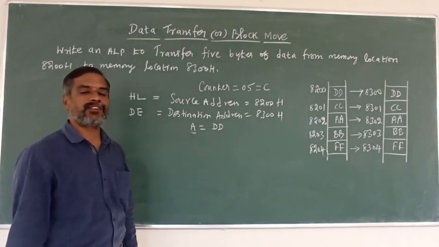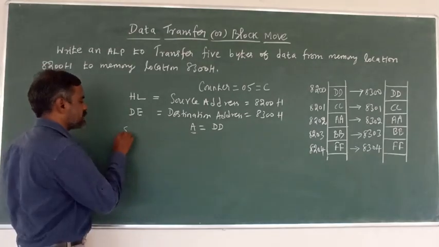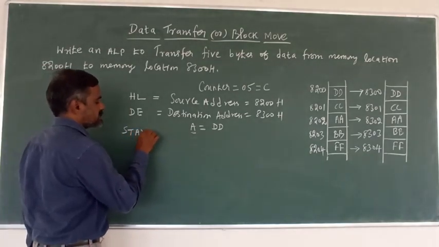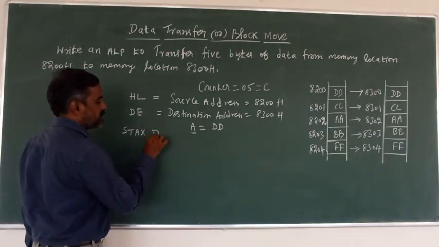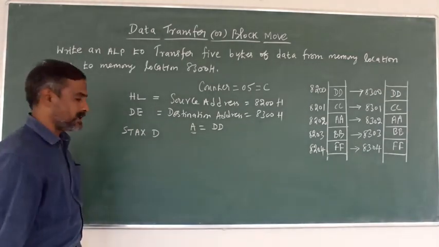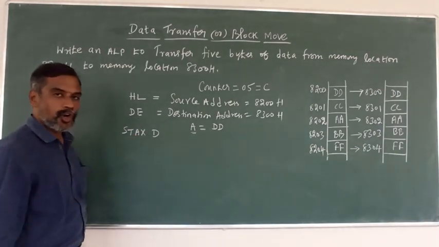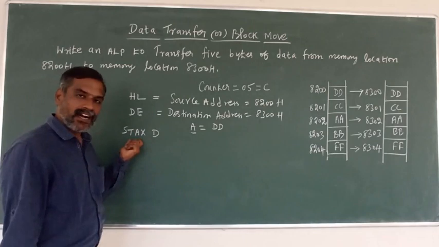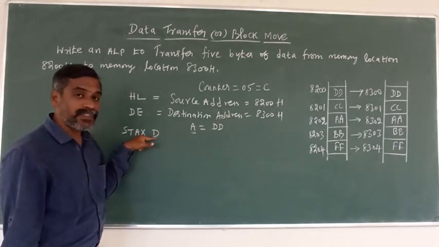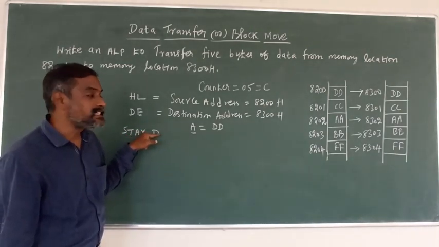For that we use STAX RP, here the DE register pair. STAX means store accumulator data indirectly to the address given in the DE register pair.